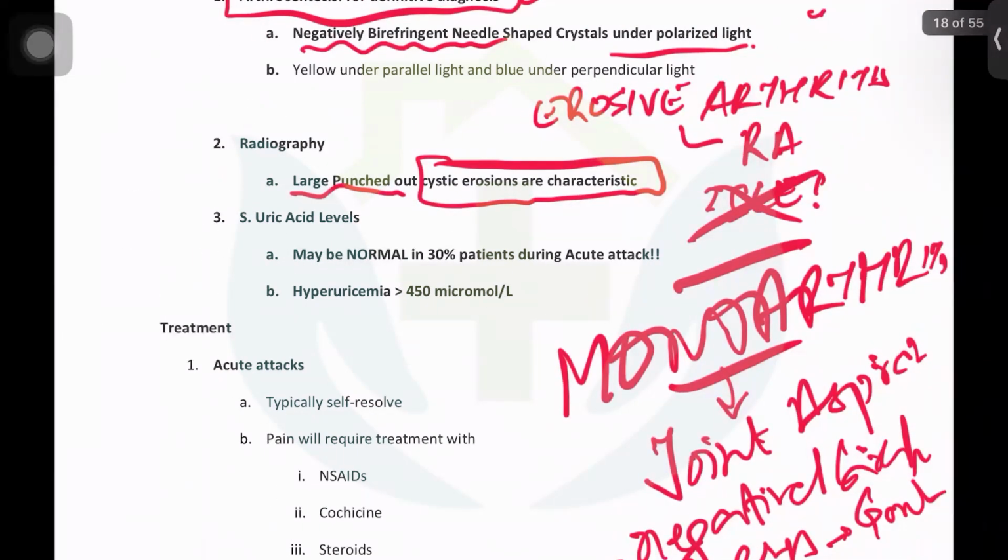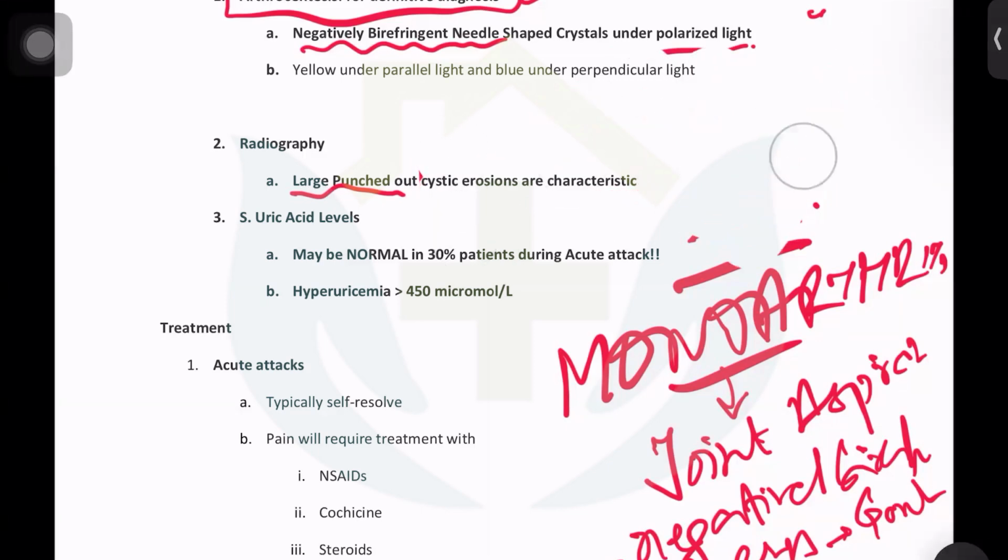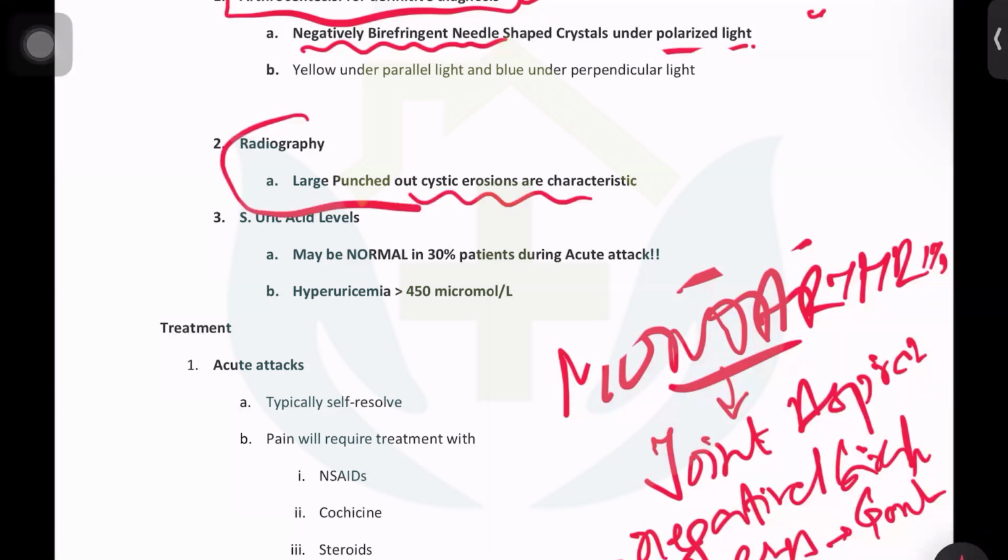Coming back to osteoarthritis, this is also an erosive arthritis, but the erosions are cystic in nature. And more so, it is a monoarthritis. Not all the joints will be involved. So, there are cystic erosions on the X-ray.